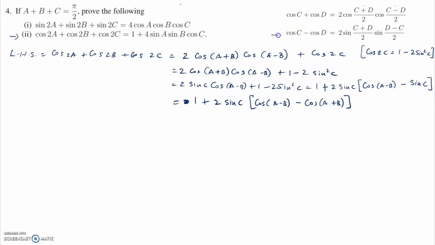Now let's use this formula onto this expression which is within the brackets. So cos C minus cos D is given by 2 sine((C plus D) by 2) sine((D minus C) by 2).